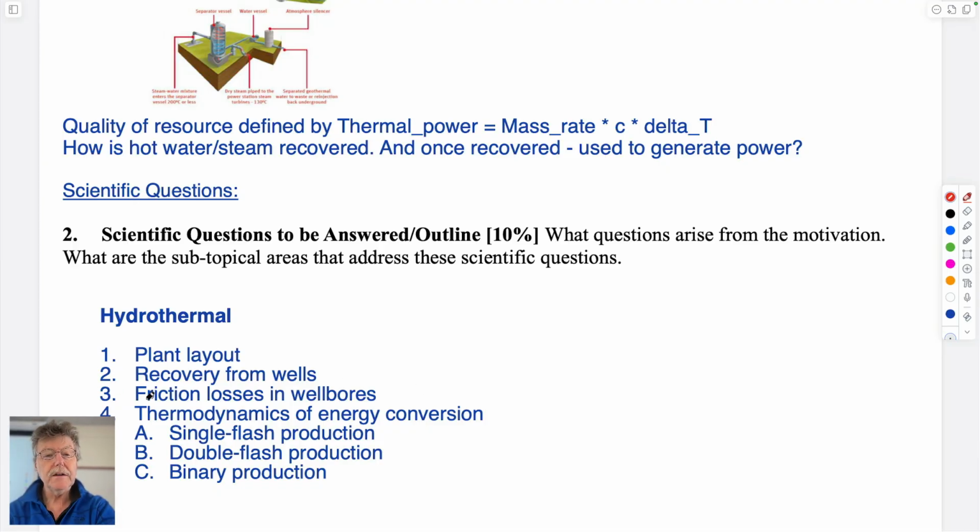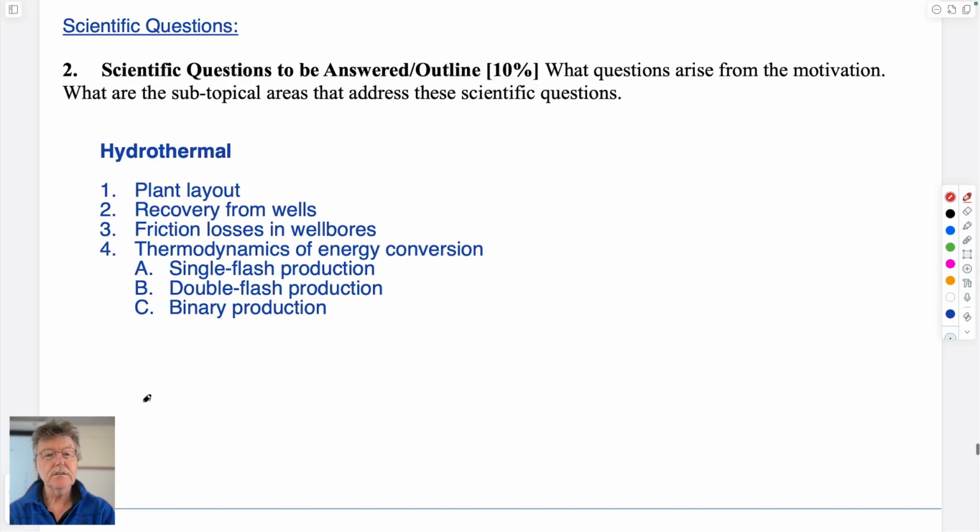So what we'll talk about today in regard to hydrothermal plants is plants and their layout, which I don't know much about, but you'll learn much more on Thursday from Greg Bignell, whose talk from Baseload Energy is exactly about that. We'll talk about how to evaluate the mass rates that we can recover from wells.